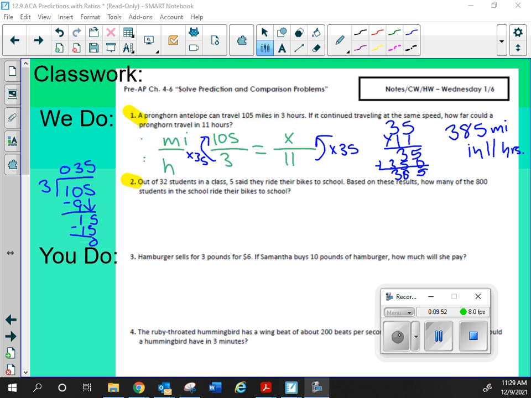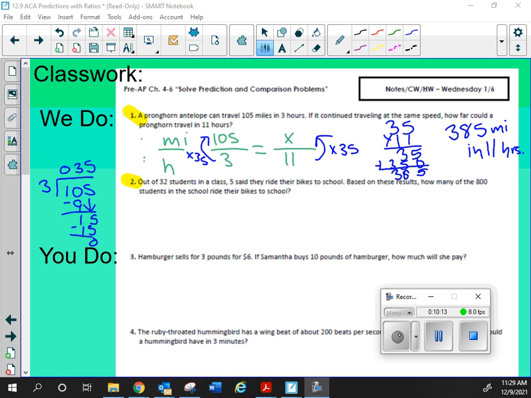Next one, number 2. Out of 32 students in a class, 5 say that they ride their bikes to school. Based on these results, how many of the 800 students in the school ride their bikes? So what 2 things are we talking about? We're talking about students and bike riders. When we're talking about that, which one do you think we want to put on top?